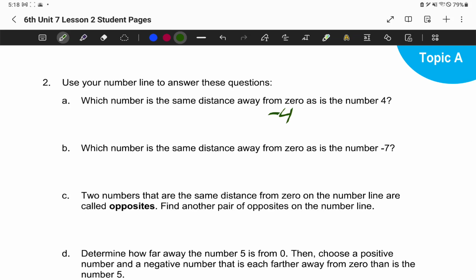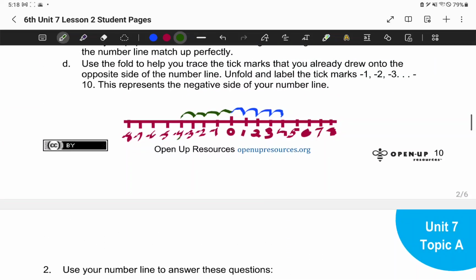Which number is the same distance away from 0 as the number -7? Well, 1, 2, 3, 4, 5, 6, 7.